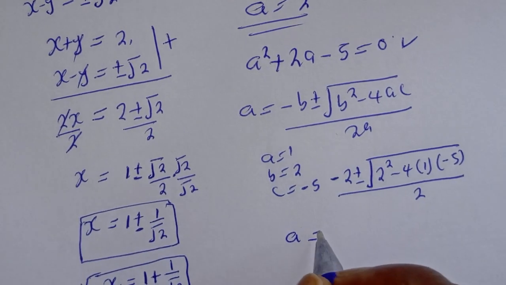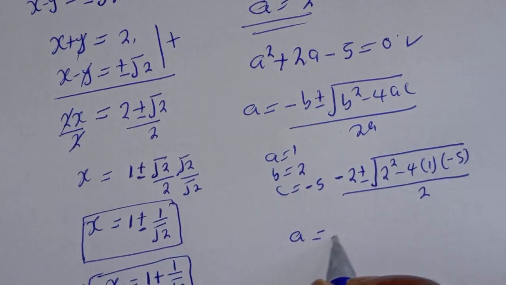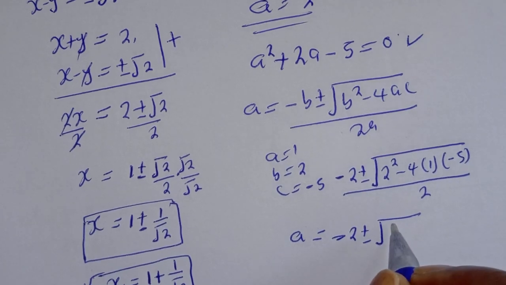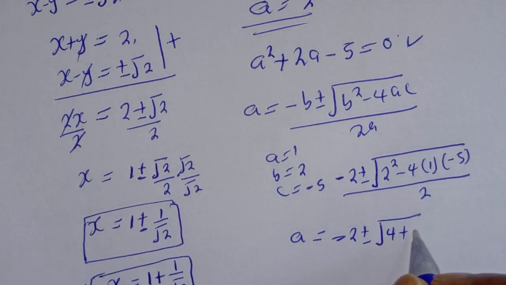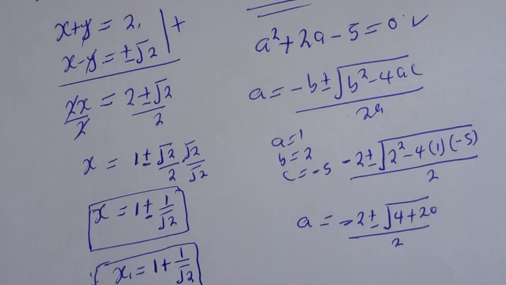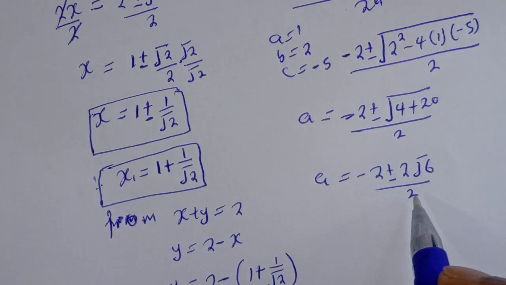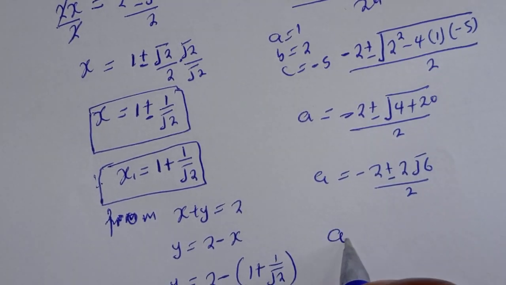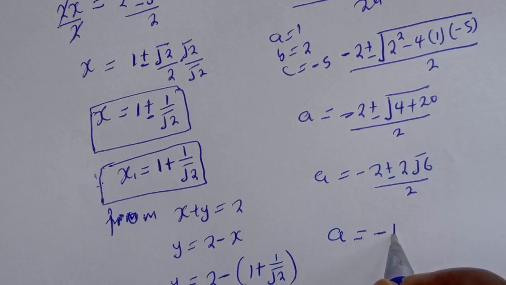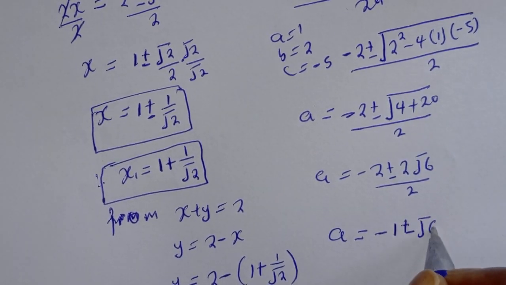a is equal to minus 2 plus or minus square root of 4 plus 20 over 2. a is equal to minus 2 plus or minus 2 root 6 over 2. Therefore, a is equal to minus 1 plus or minus root 6.